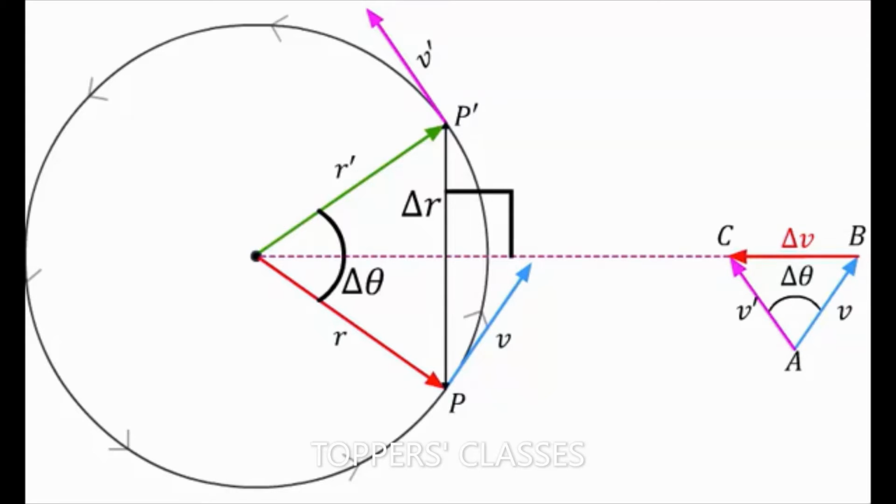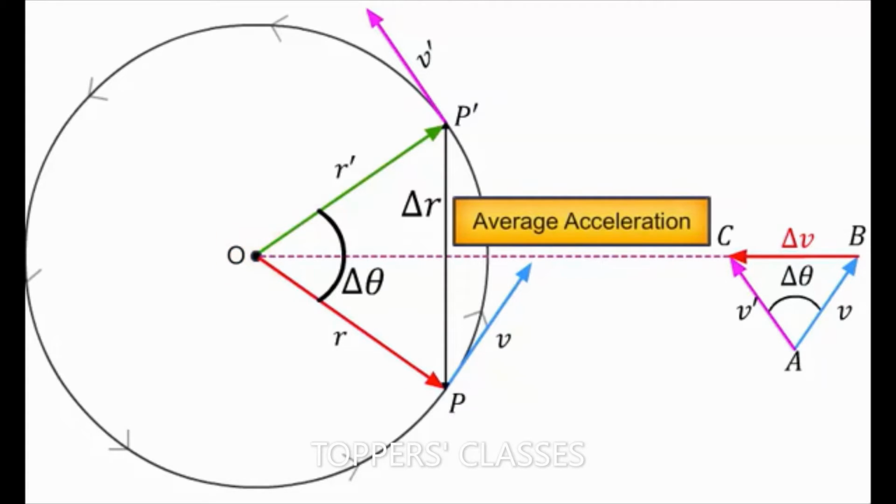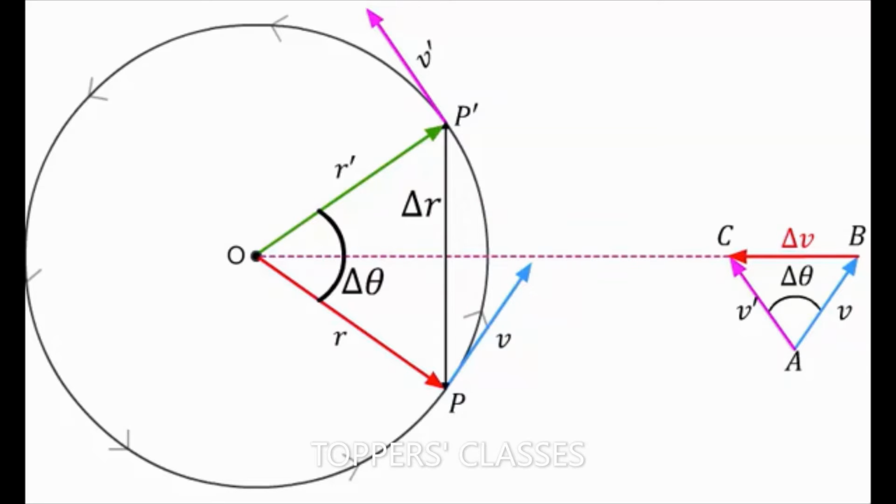The average acceleration acts along delta v. Therefore, average acceleration a bar is directed towards the center of the circle. We can verify all these by changing the position of the point P' as delta t tends to 0.